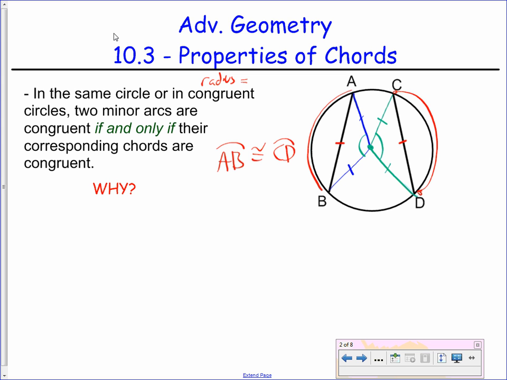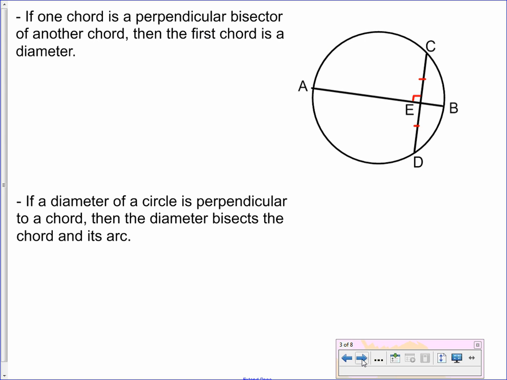Because that's the center of the circle, these are central angles, so that means the arcs are equal, because the central angles are equal to each other. So that's the why part of this. Congruent chords means the minor arcs are going to be congruent to each other.